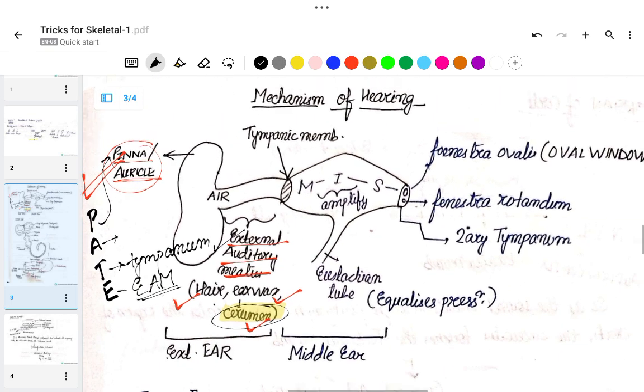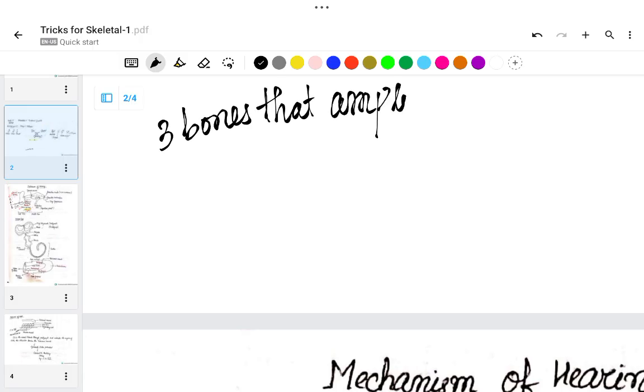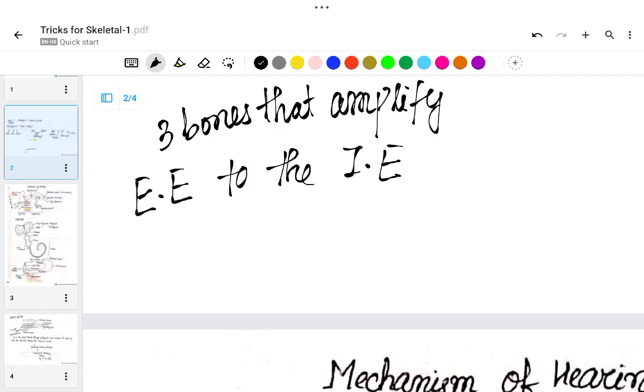Now in the middle ear we have three bones that amplify the sound coming from the external ear to the internal ear. They are malleus, incus, stapes.